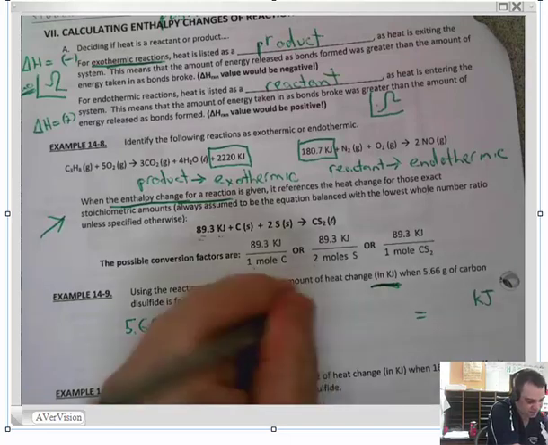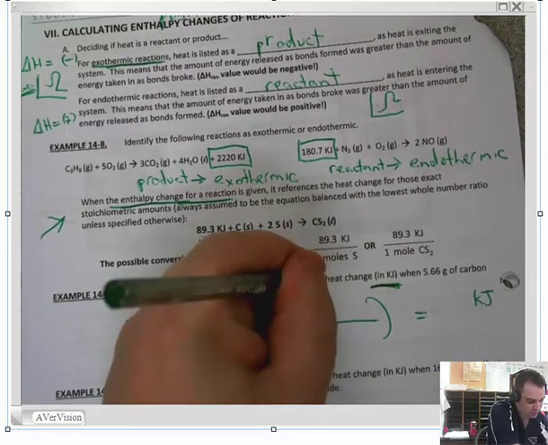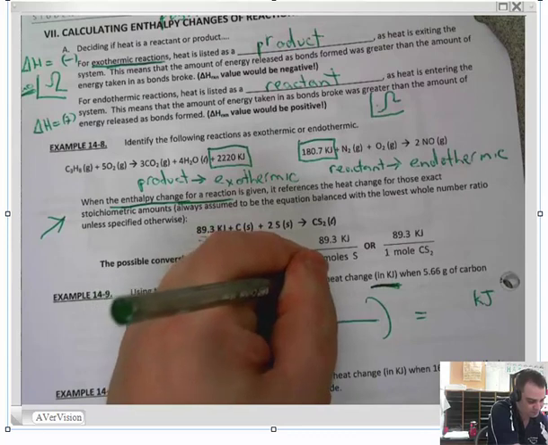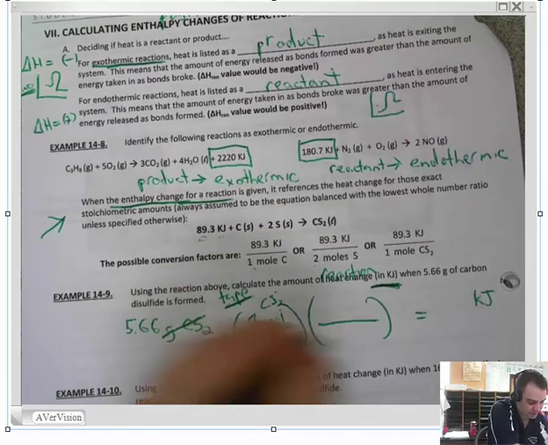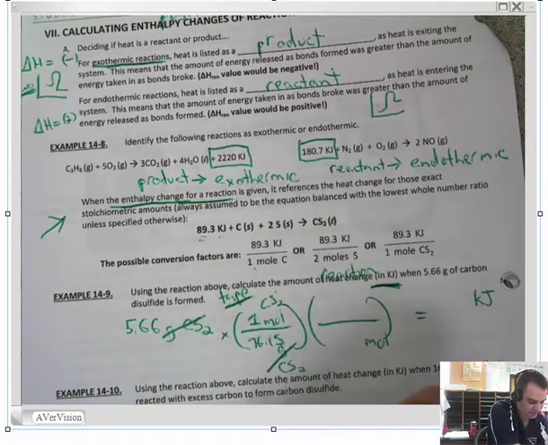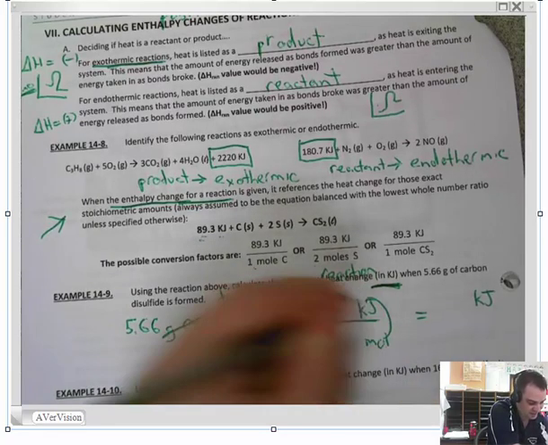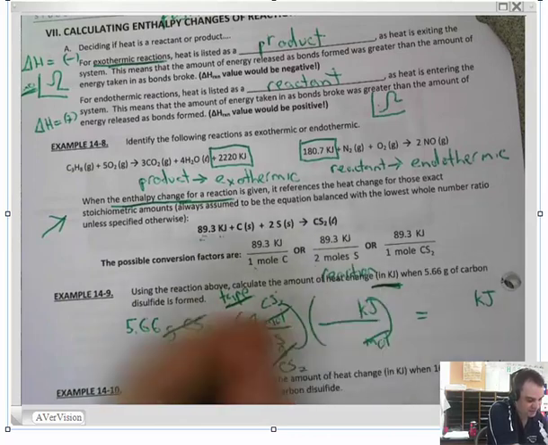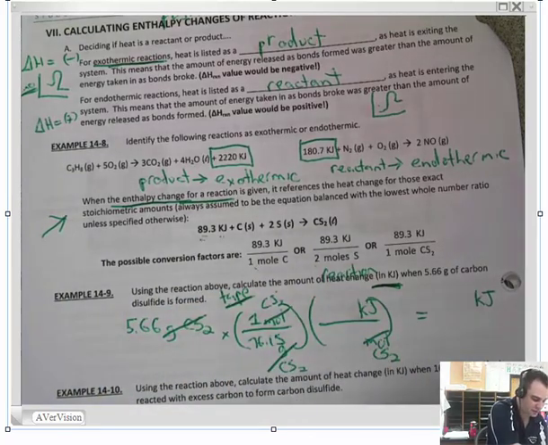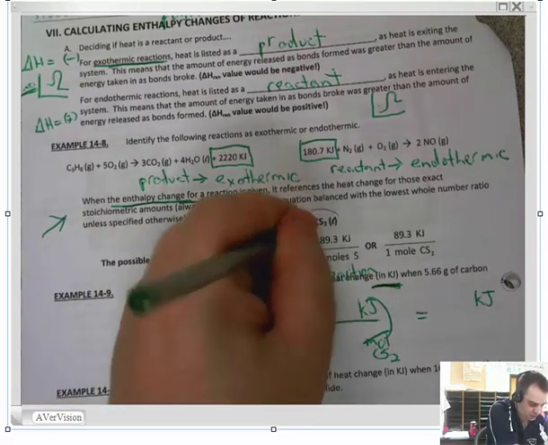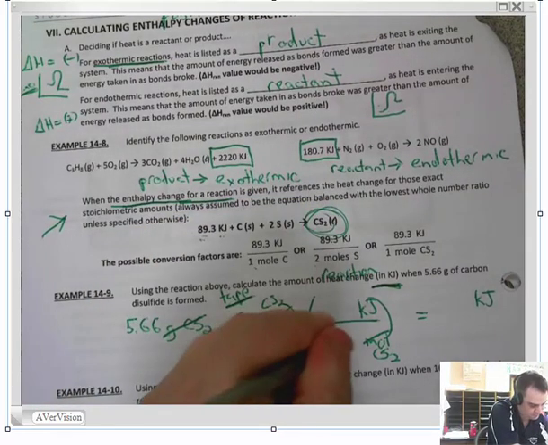Okay, now we are going to do the reaction, which is the wham wham wham wham. Moles on the top, moles on the bottom. What are we going to convert to? kJs. Swish, swish. This is moles of carbon disulfide, so this is moles of carbon disulfide. Now we're looking at the reaction here. Wham, wham, wham, wham. 1.